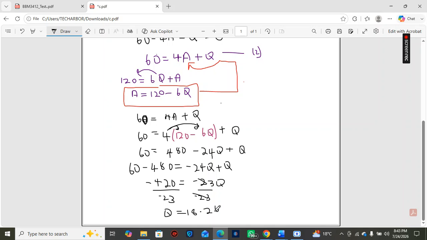Now we can find A. Remember, A equals 120 minus 6Q.